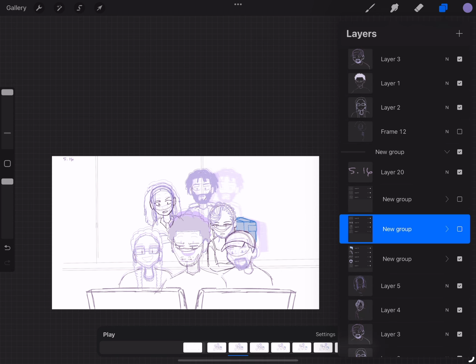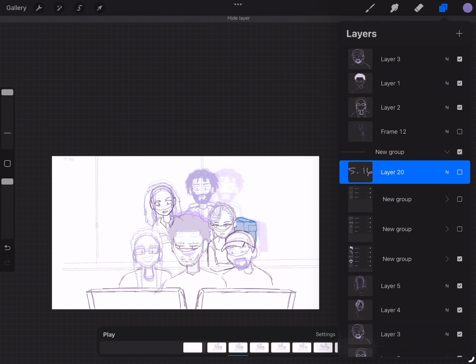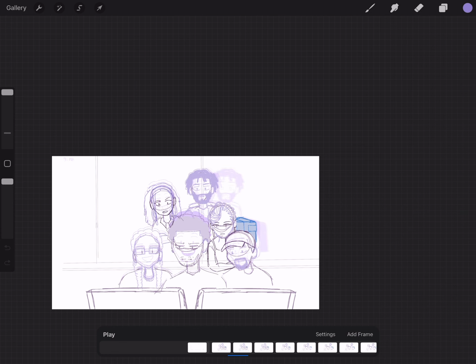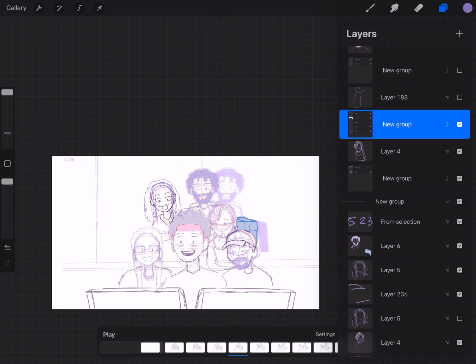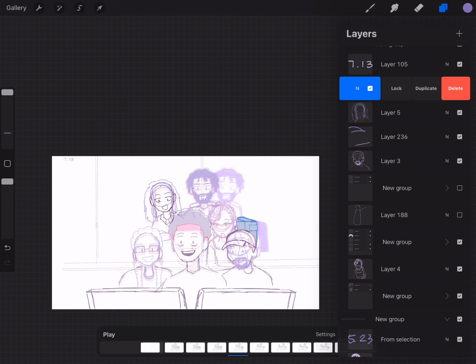And I don't really do too much of organizing when it comes to the frames. I kind of just look at the little preview that Procreate gives us for each frame, and that's how I determine what it is I'm clicking on. Plus, one click select and deselect will tell you the exact frame that you're working on.